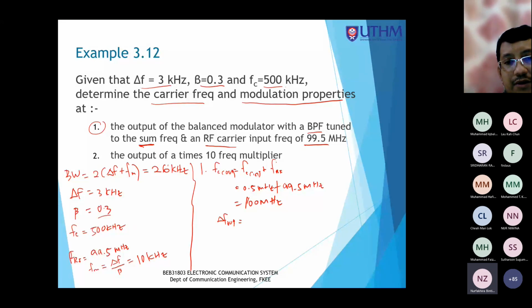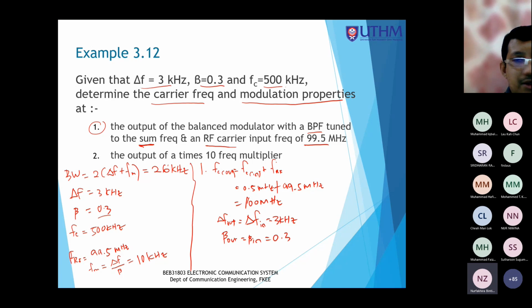So delta F out is equal to delta F in, which is equal to 3 kilohertz. Beta out is equal to beta in, which is 0.3.